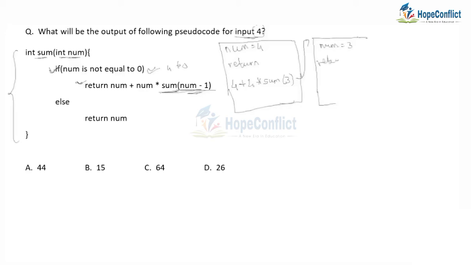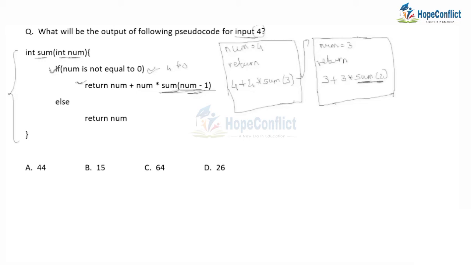Now value of num is 3 in this case, so it will be 3 plus 3 multiplied by sum of 2. And in this way we are going to make this next function call for sum of 2.